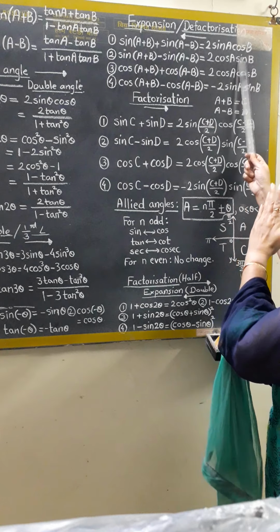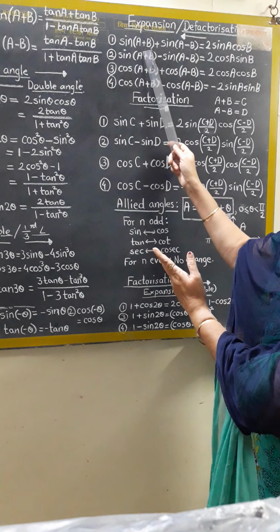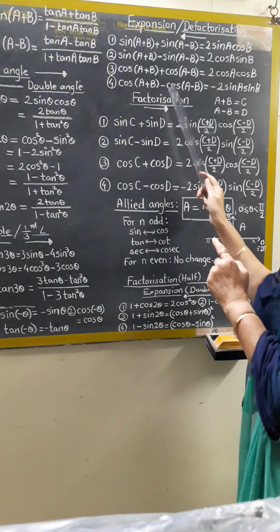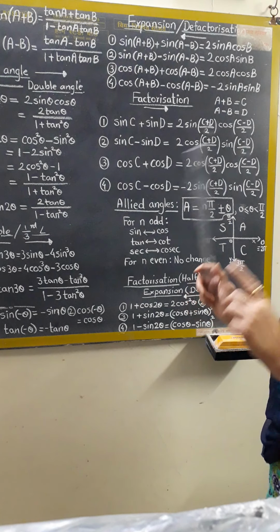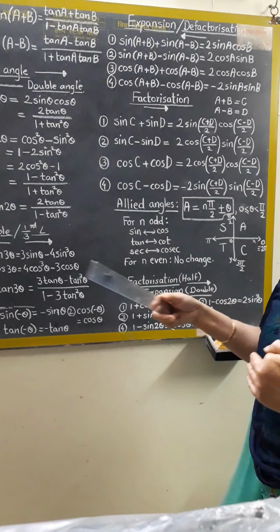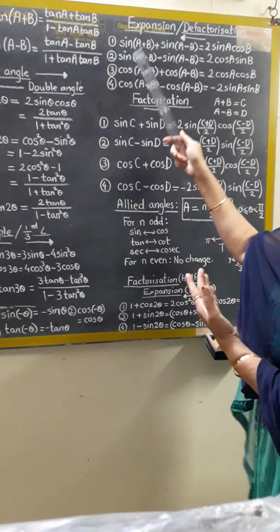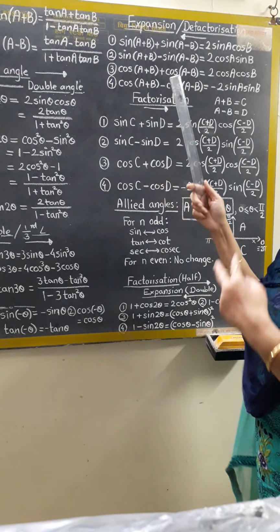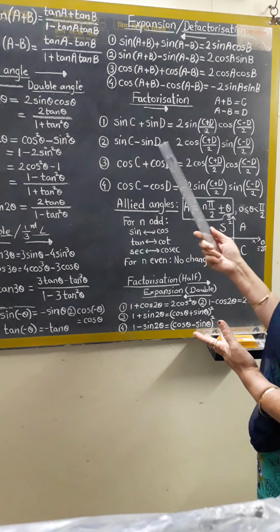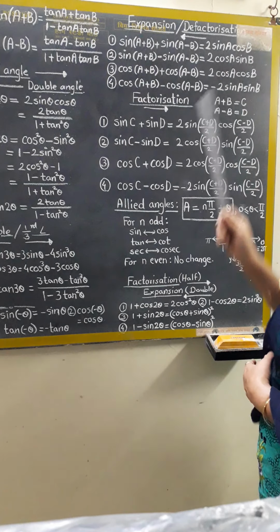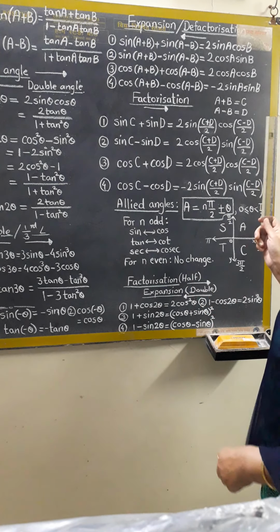So the product gets converted into the sum or difference, and that is why it is also known as the expansion formula. The product gets converted into a number of terms, the two terms which we are getting. So that is the expansion or defactorization formula about those formulas.